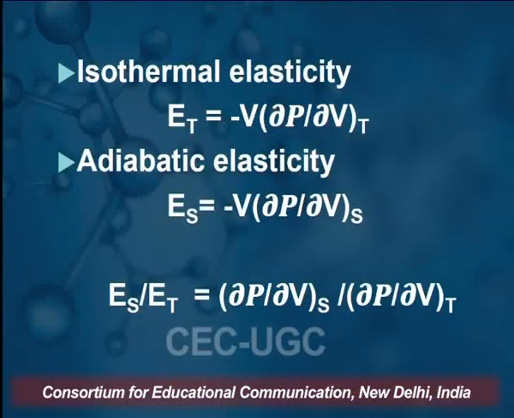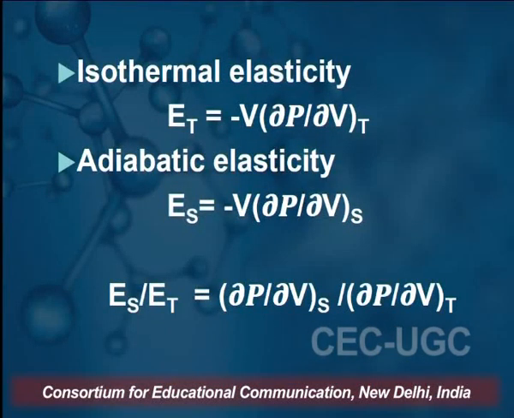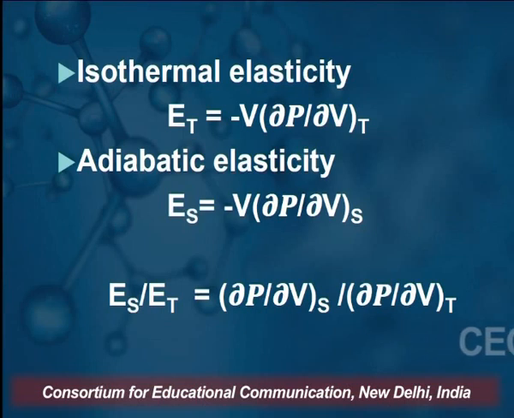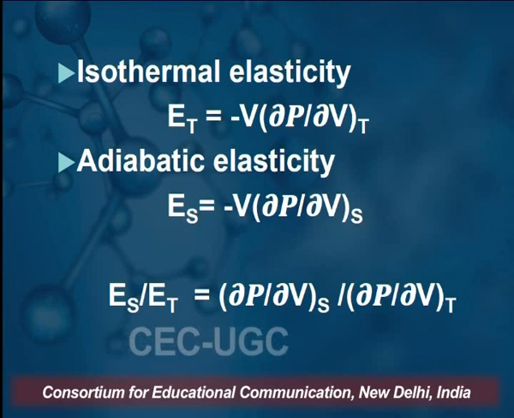By definition, isothermal elasticity can be written as E subscript T is equal to minus V delta P by delta V at constant T. Always remember, elasticity is the reciprocal of compressibility.